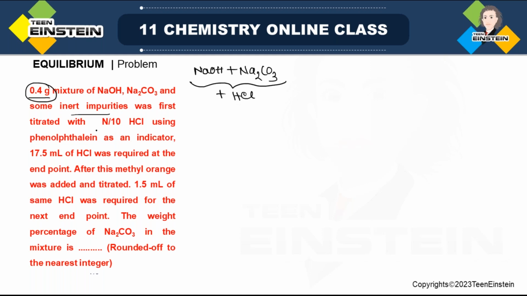Now in this mixture you are doing a titration with N/10 normal HCl. Now N/10 normal, normality and molarity are both the same for HCl. It is basically 0.1 molar. So I will consider molarity for calculation, it will be easier. So 0.1 molar HCl we are adding.